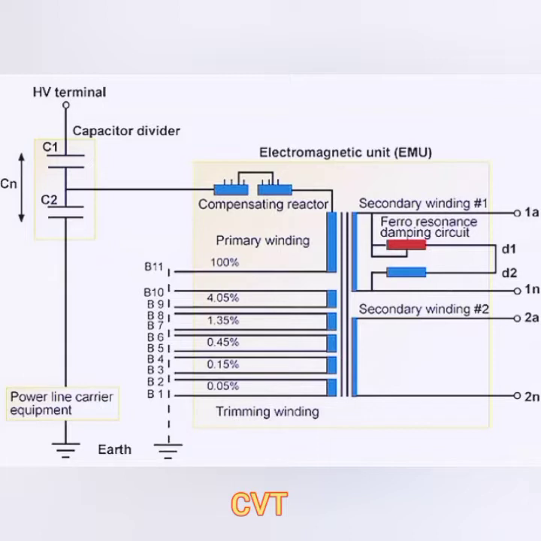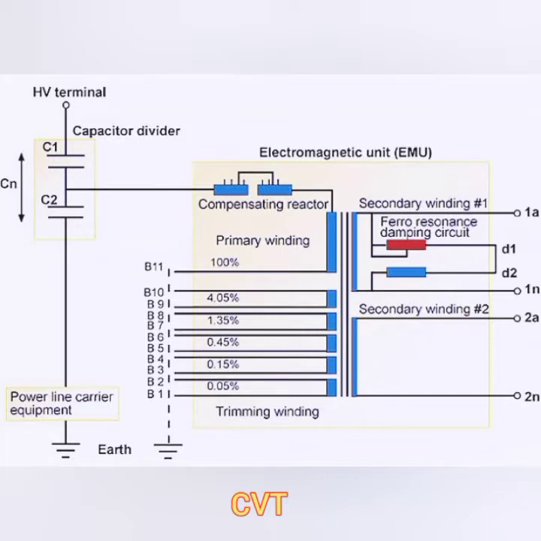After connecting to the HV terminals, the stacks consisting of C1 and C2 then move to the electromagnetic unit, which means the EMU component in your CVT. It comprises compensating reactors, capacitors, ferroresonance damping circuits, and secondary windings. Additionally we have a step down transformer also.